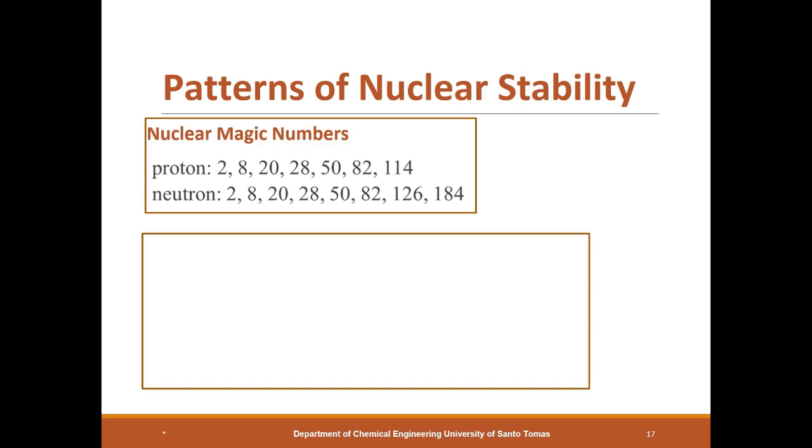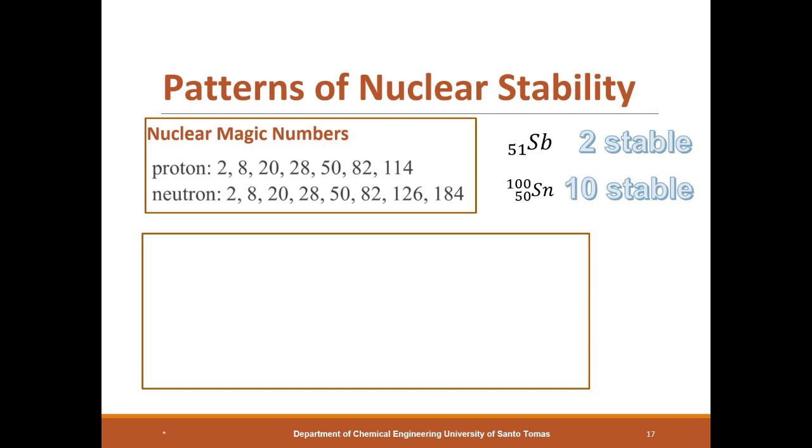Another determinant of whether a nucleus is stable is given by the nuclear magic numbers. Nuclei that contain 2, 8, 20, 50, 82, or 126 protons or neutrons are generally more stable than nuclei that do not possess these numbers. For example, there are 10 stable isotopes for tin with the atomic number of 50 and only 2 stable isotopes for antimony with the atomic number 51.